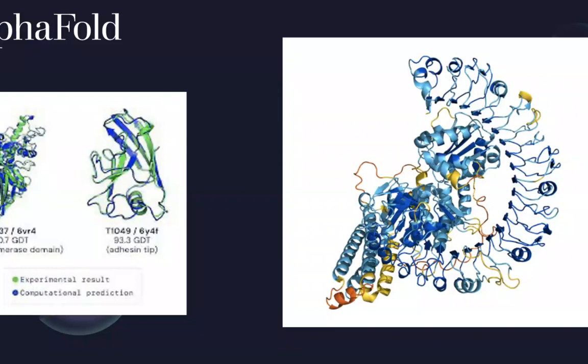The structure of a protein determines its function, and understanding protein structure is therefore critical for understanding how proteins work and for developing new drugs and treatments for diseases. AlphaFold uses a technique known as deep learning neural networks to predict protein structure with high accuracy, reducing the time and resources required for experimental determination.